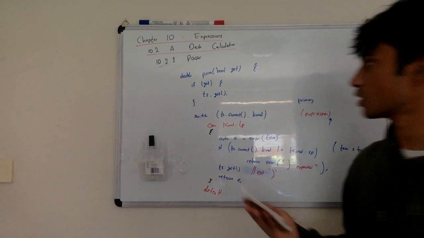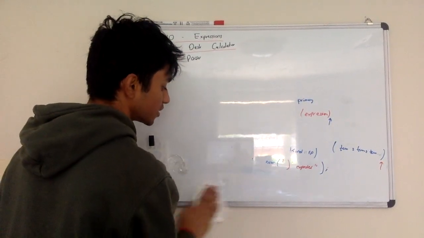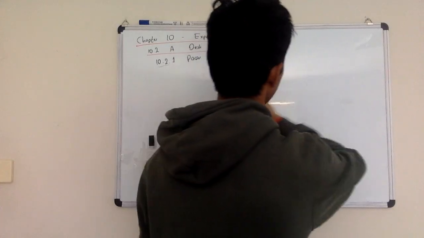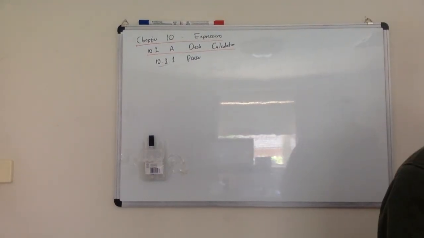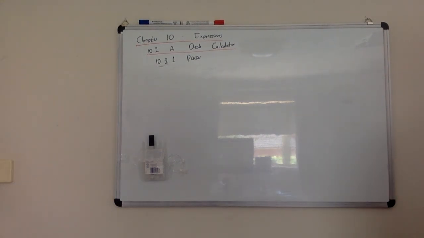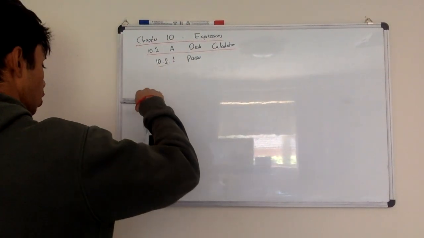Okay. Now, that's the prim function, and hopefully it's clear, or at least you're convinced that it's able to evaluate whatever primary we want, including the weird recursive expression in brackets, even though we haven't explicitly looked at the expression function yet.